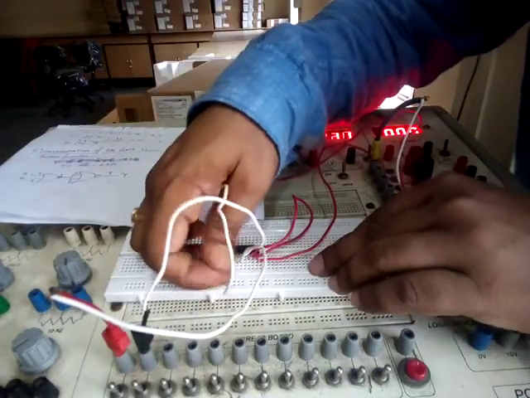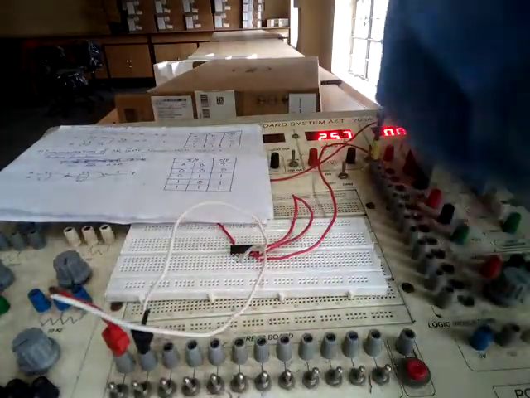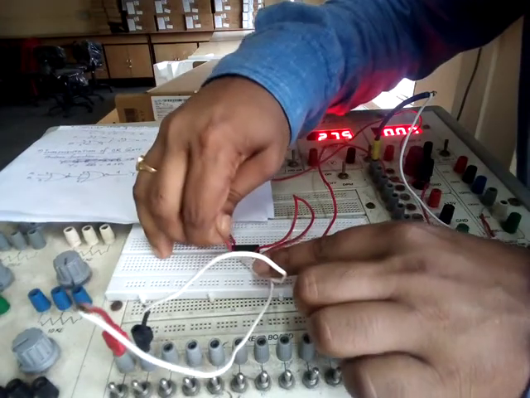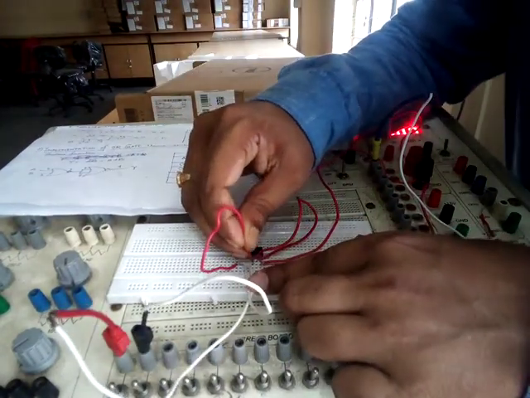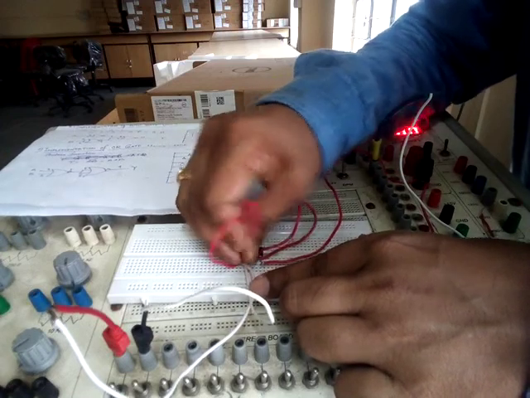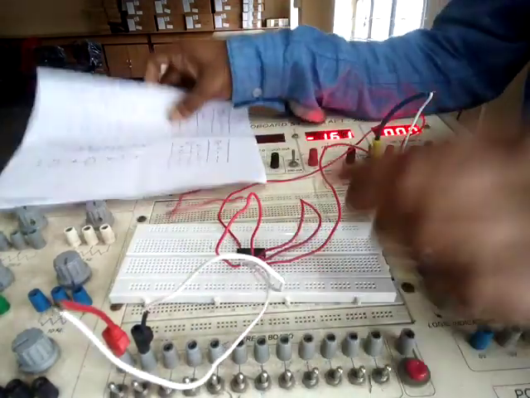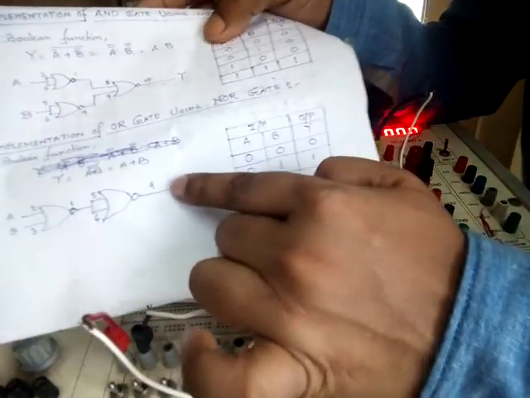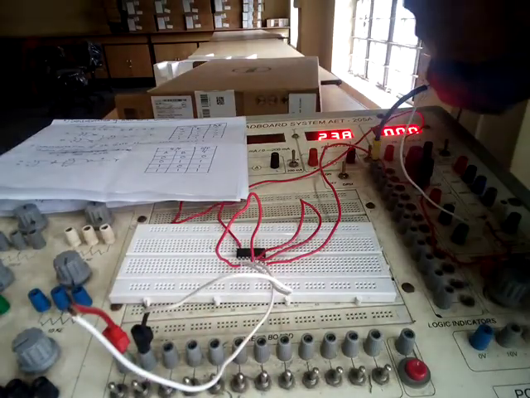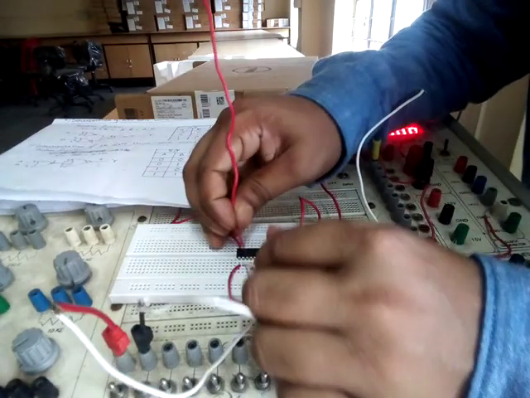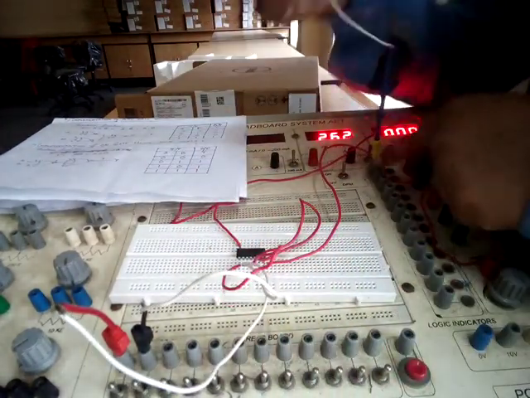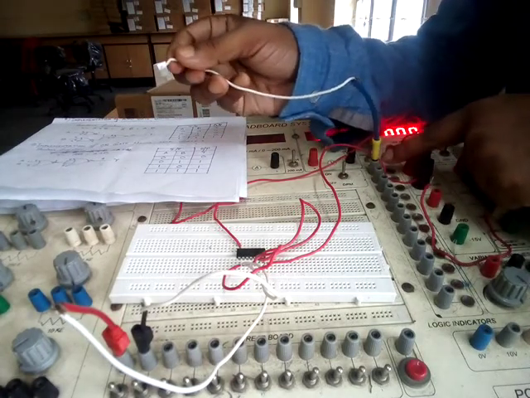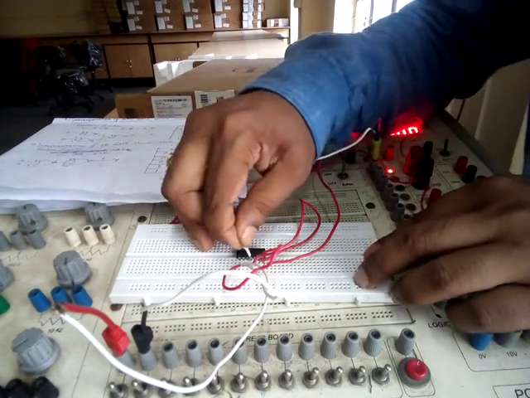Sorry, pin number 1 to pin number 5. Okay, now pin number 4 gives the final output. Sorry, this is the final output. We take the final output from this point.